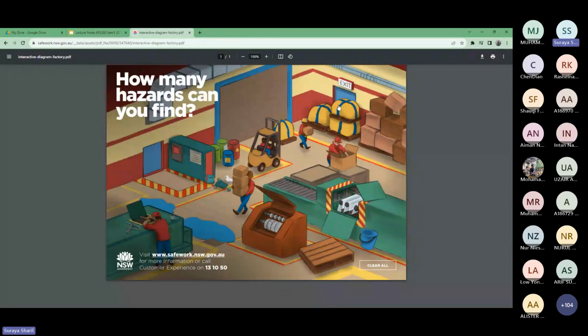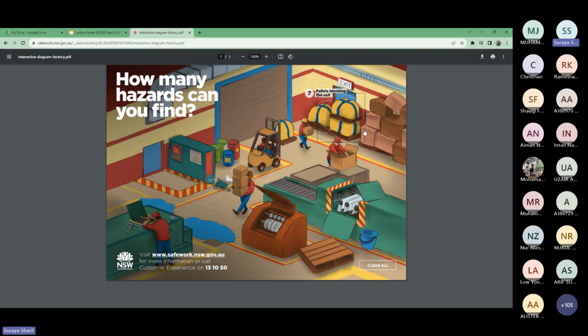Okay, so using this exercise, you can identify the possible hazards. Here if you click, one of the hazards is a pallet blocking the fire exit.